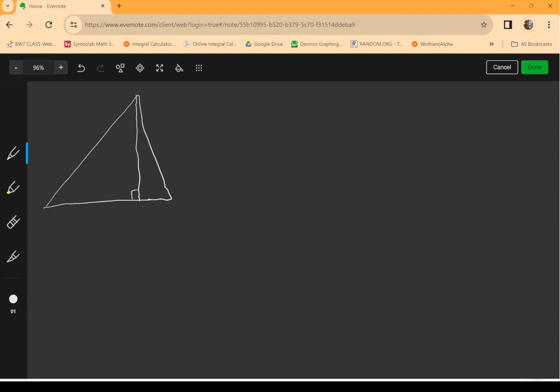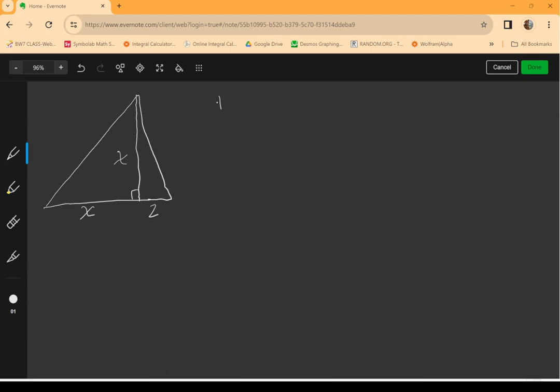Okay, so the height here is x, this value is x, and this one is 2.